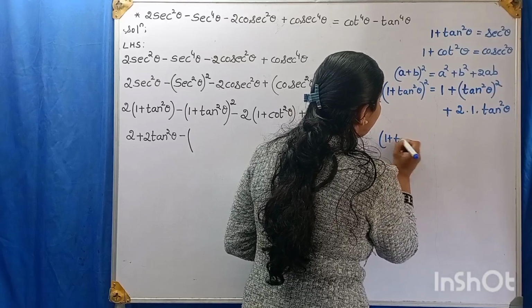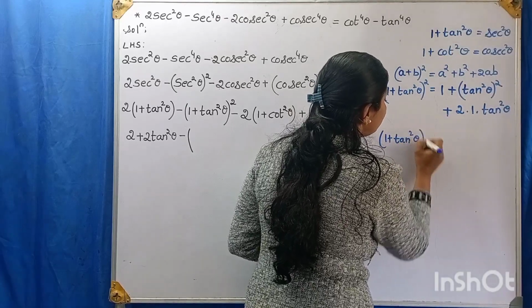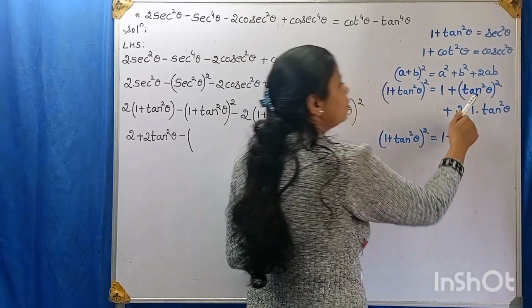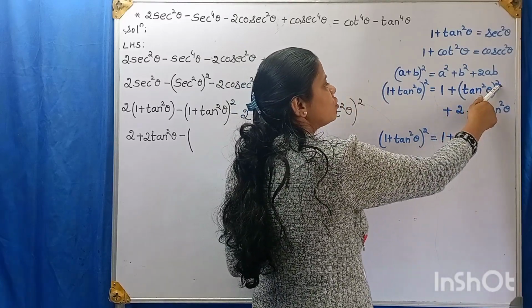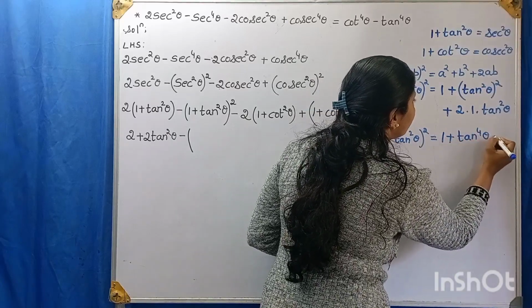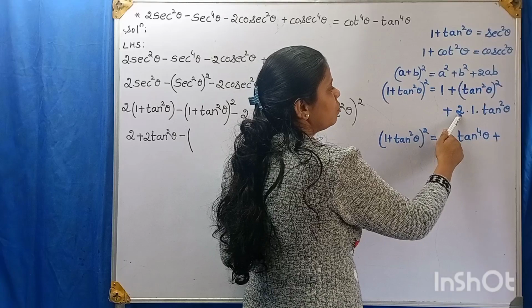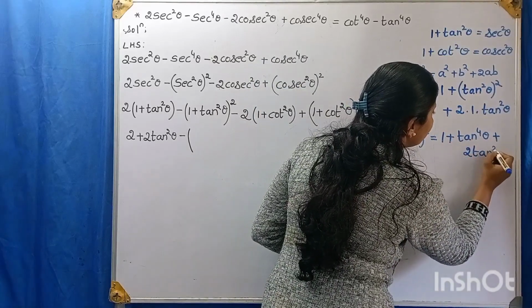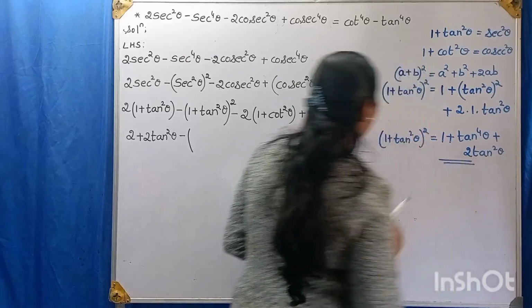(1 plus tan²θ) the whole square is equal to 1 plus (tan²θ) the whole square, which is tan⁴θ, plus 2 into tan²θ, that is 2 tan²θ.